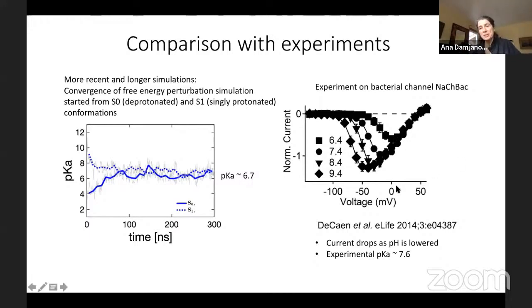There are experimental results on several bacterial channels, unfortunately not on the exact one that we are studying, but they all have a very similar selectivity filter, and there's definitely a pH dependence on the maximal current, with a pK of about 7.6. Again, this number varies a little for different channels, but all of them are very high.